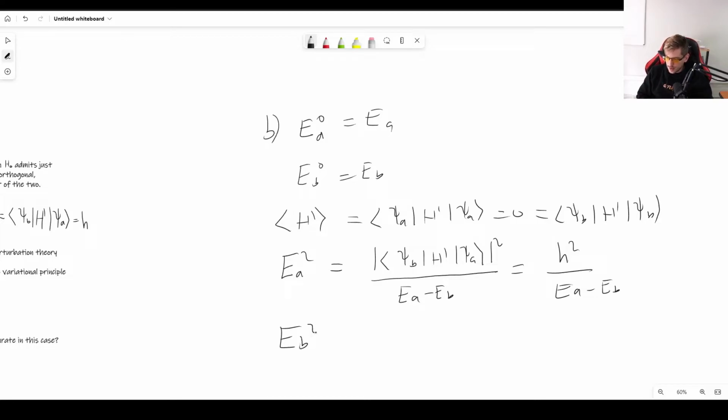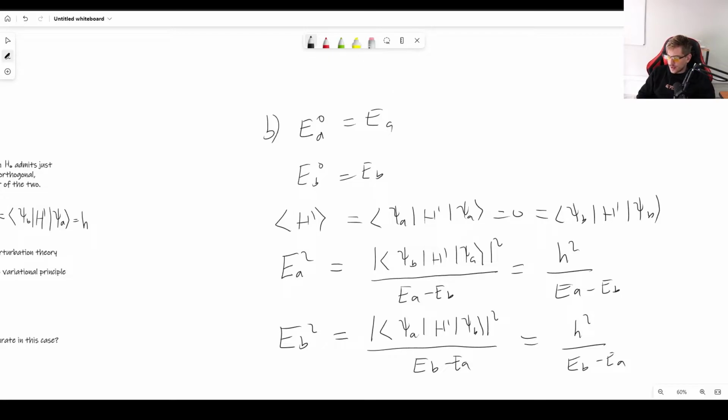And then EB2, the second order correction for EB, will be almost the same thing. So psi A, H prime, psi B squared, divided by EB minus EA. And this is also h squared, but in the denominator we have EB minus EA.